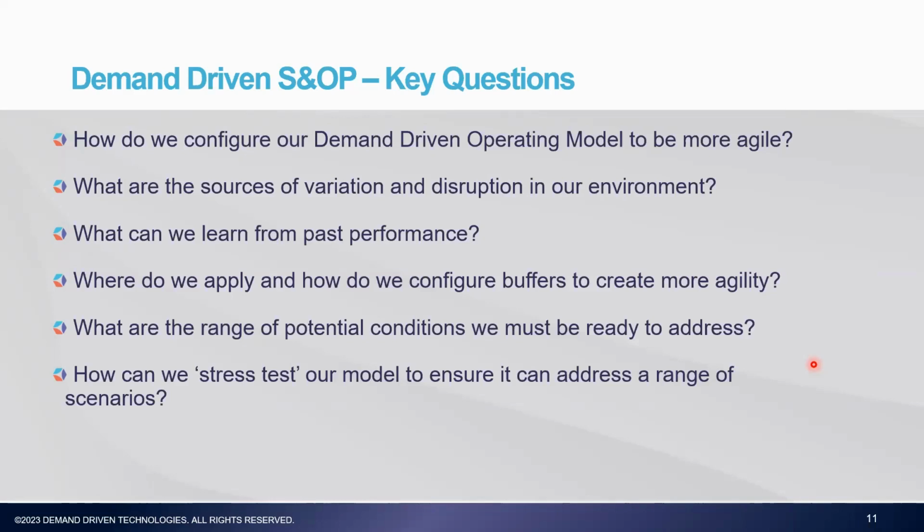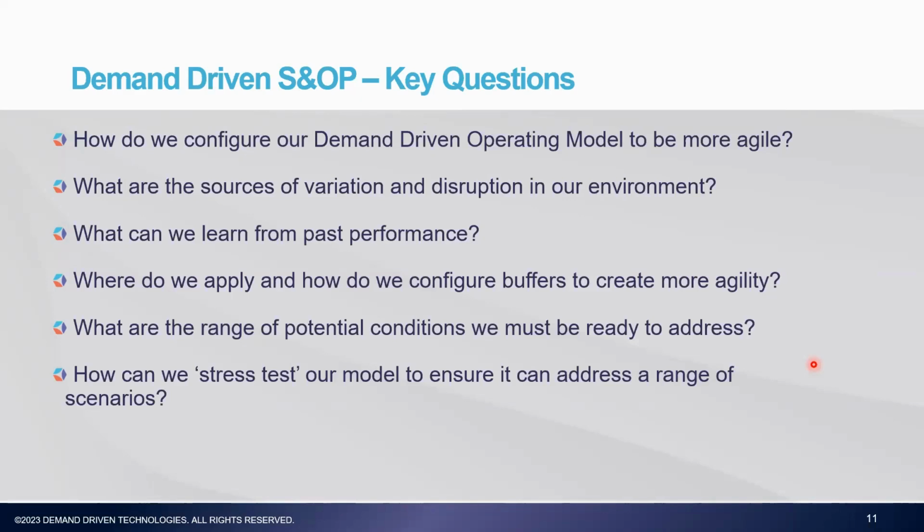It will be less firefighting, panic mode issues, and things like that. So the more we can dampen variation, or the more we can contain it, the better off we're going to be. What can we learn from our past performance, and where are there opportunities to use the different types of buffers, stock, time, and capacity buffers, to create that additional agility because we're managing variation in a better way.